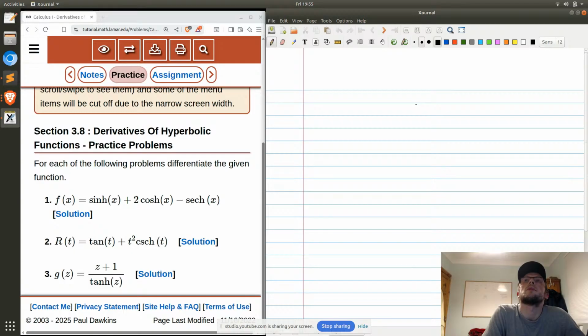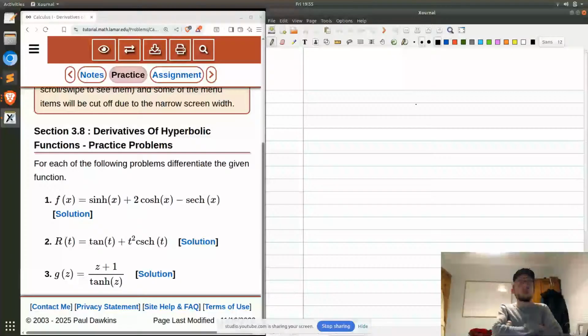Why does it always slip my mind? One is half their sum and the other is half their difference. Okay, just try and think through it logically, or try and think through it using whatever means you can. So, I know that these are analogs of the circular trigonometric functions.